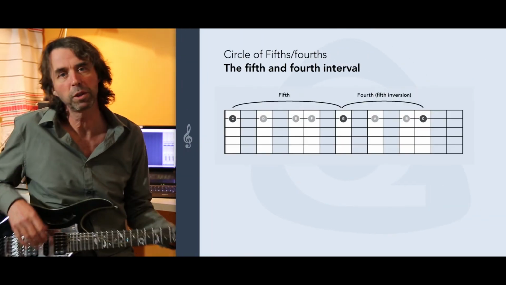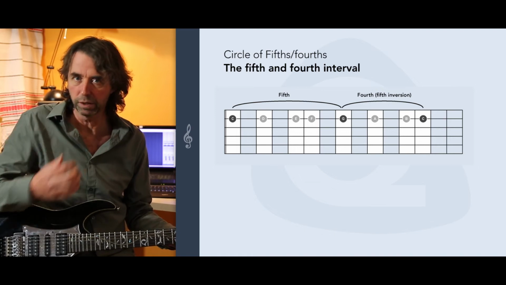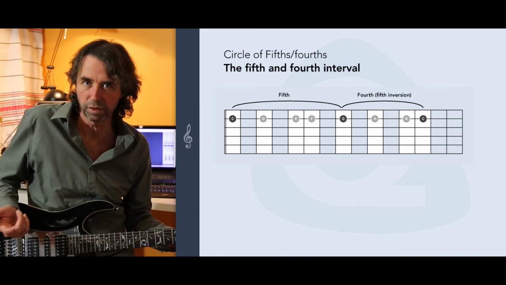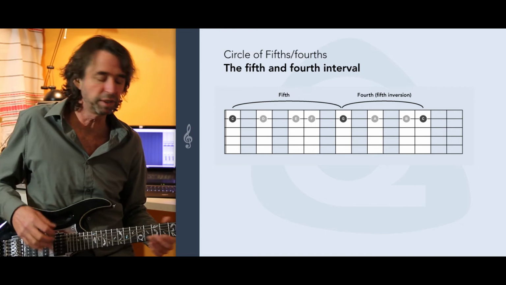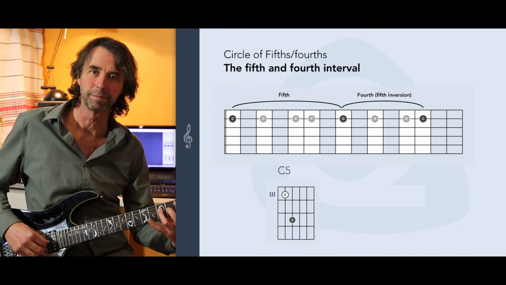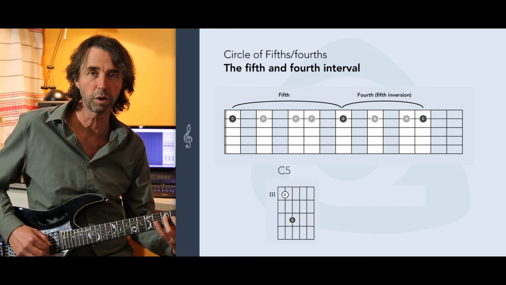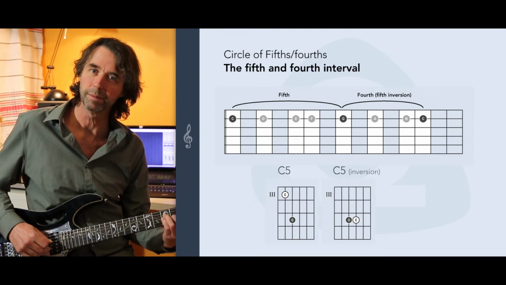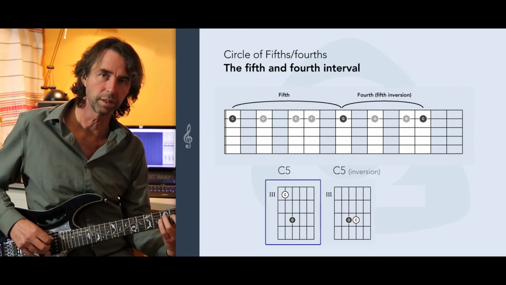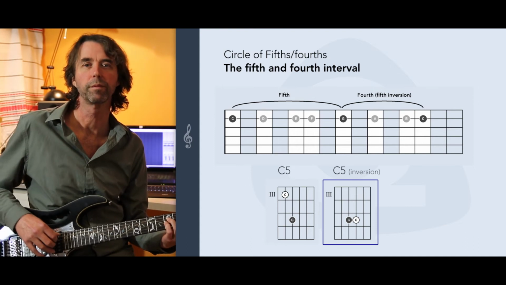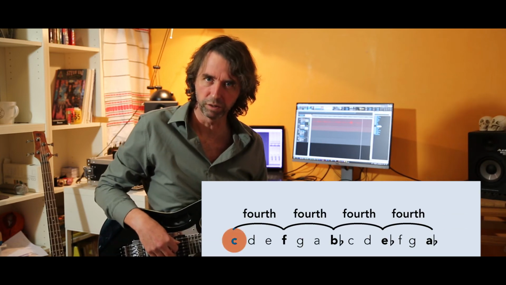There's not much difference between the two, because a fourth interval is a fifth interval upside down. So when the fifth interval is C, G, the fourth interval would be G, C. Fifth, fourth. While moving up in fourth intervals, we'll discover the keys with flattened notes.